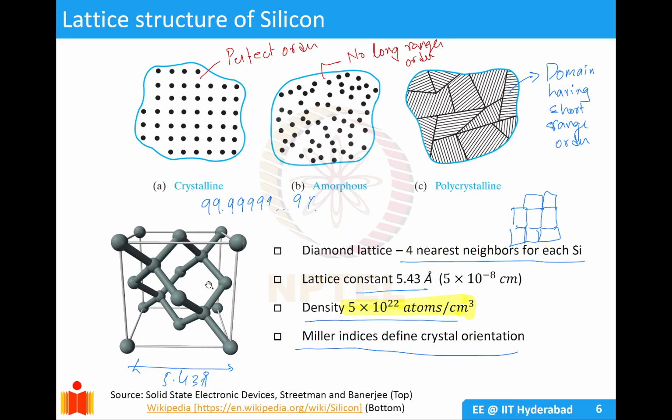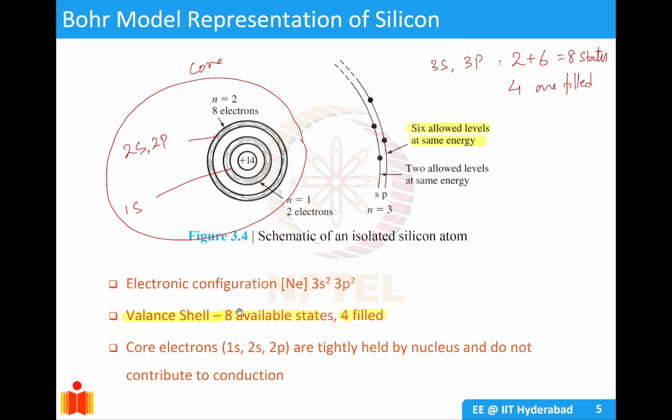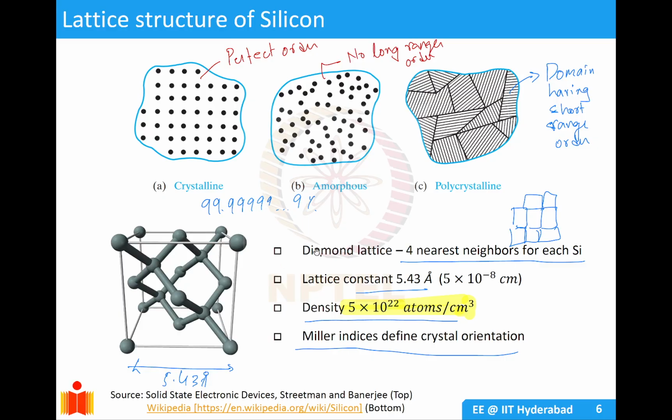Then again we come to silicon, which has the diamond lattice. The diamond lattice is the lattice in which the carbon atoms are arranged in a diamond.